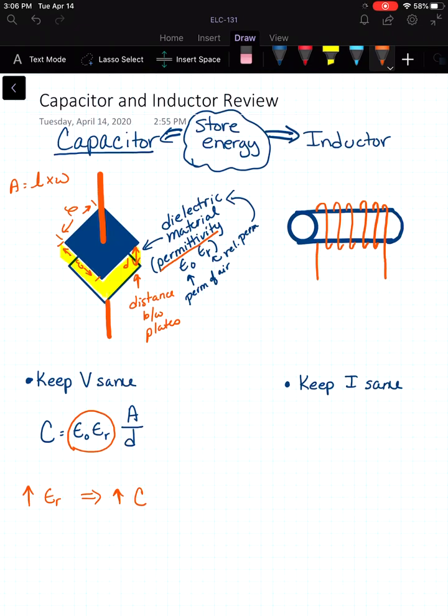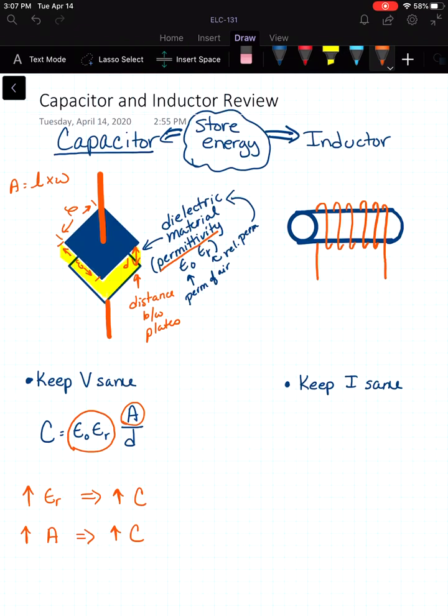The easier it is to set up that electric field, the greater the capacitance. For the area, think about a plate you would use in your home. A larger plate you could put more food on, a smaller plate, say a dessert plate, less. Same thing is true for our capacitor. The larger plate will store more electrons, and that also means we would have more capacitance.